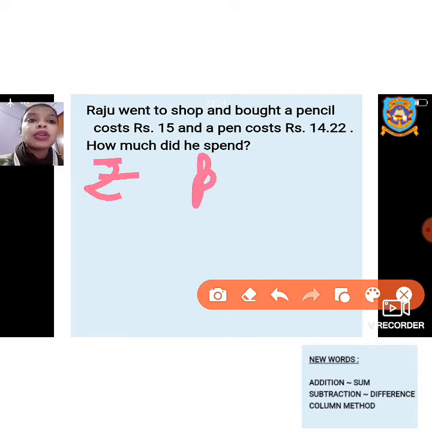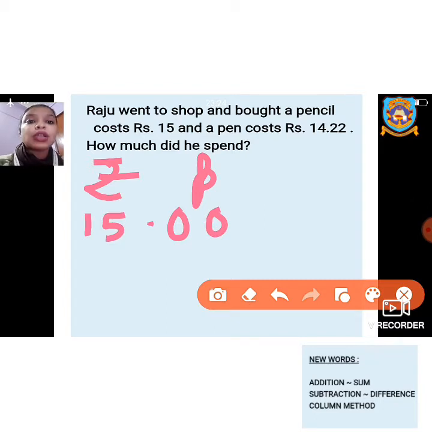Now first, what is the cost of the pencil? It is only rupees here. I'll put it in the rupee column, but it doesn't have paise. If money is given in terms of rupees and paise is not there, you can put a decimal point and put 0 and 0. Whether it is rupees 15 or 15.00, it has the same value.